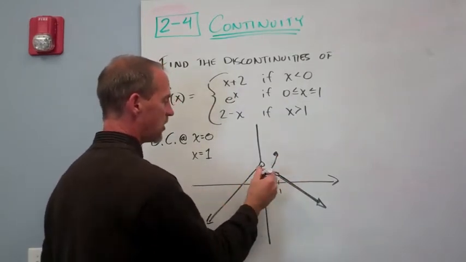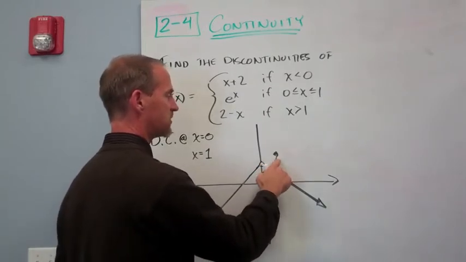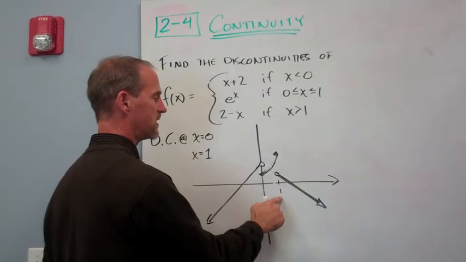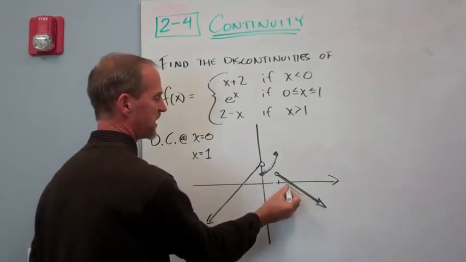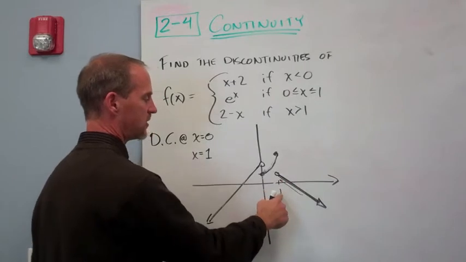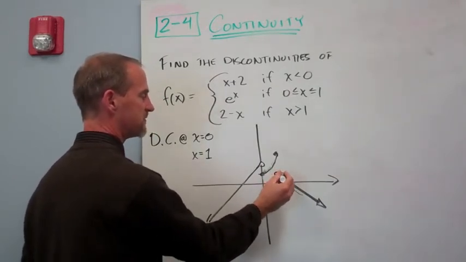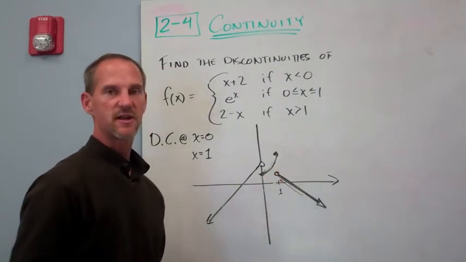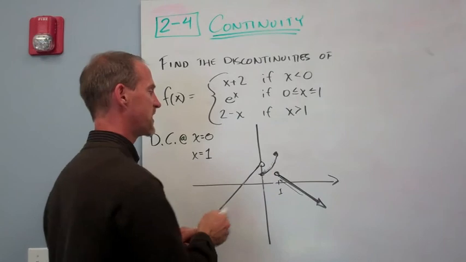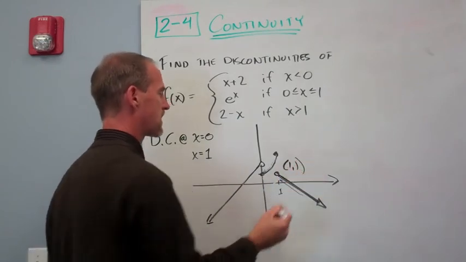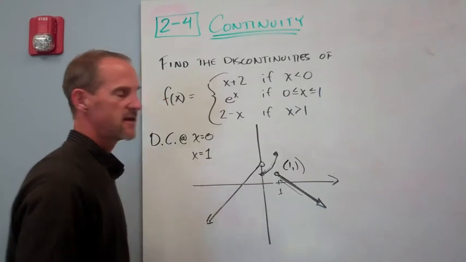So it is also continuous coming from the left as we get closer and closer to our value of 1. But it is not continuous as it comes from the right, getting closer and closer to 1, because this hole here means that the function value does not agree to the limit value. As the limit gets closer and closer to 1, it's approaching the point 1 comma 1, and because of the hole, those two values do not agree. All right, that'll get you started.